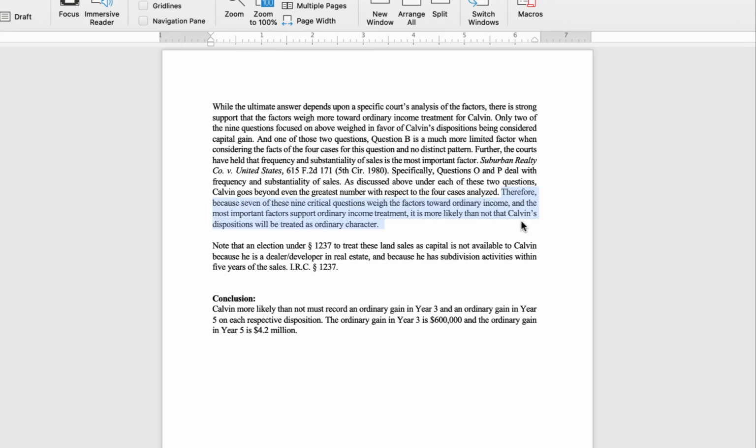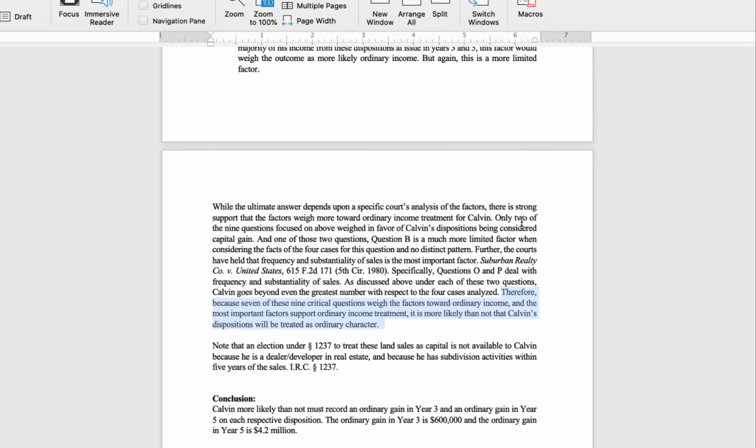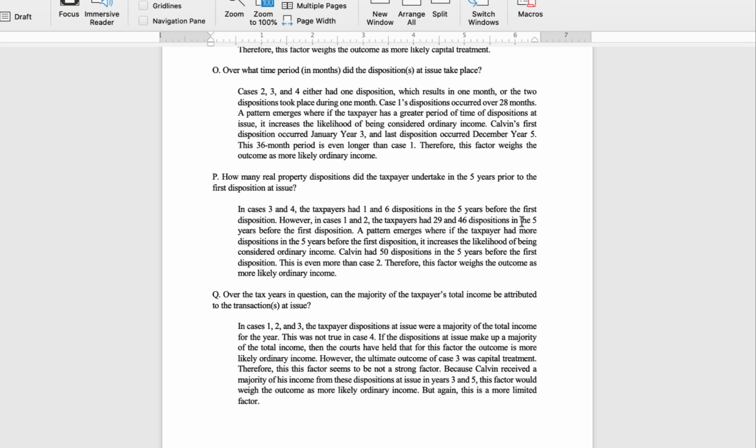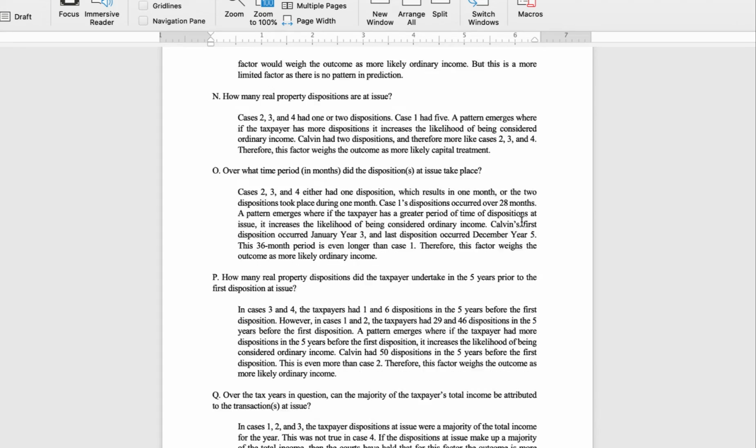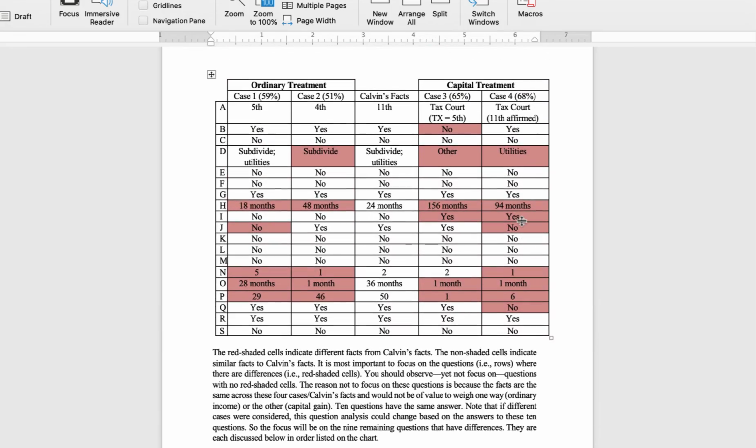So let's go ahead and take that information. We're going to take the conclusion. We're going to take this 7 of 9 factors of the 19 factors, because there's 19 total here, A through S, just so you know.